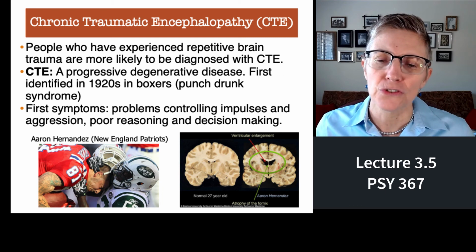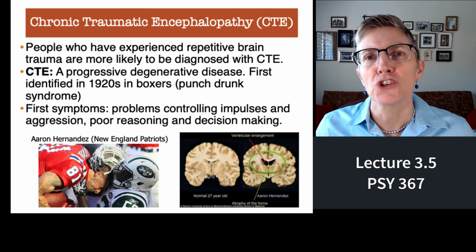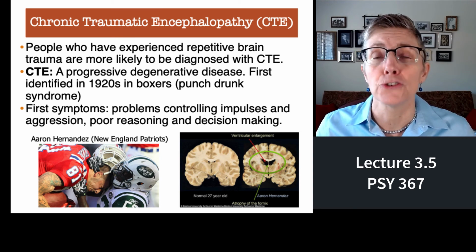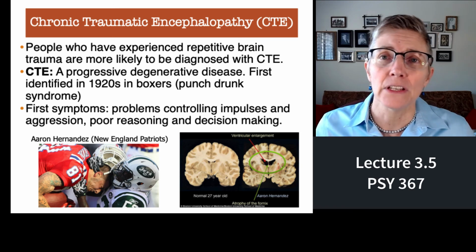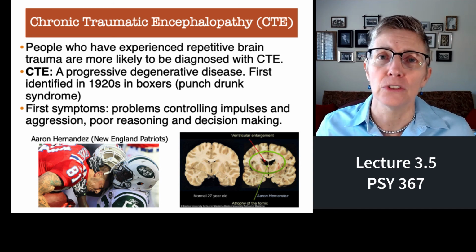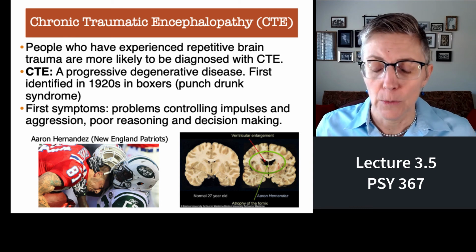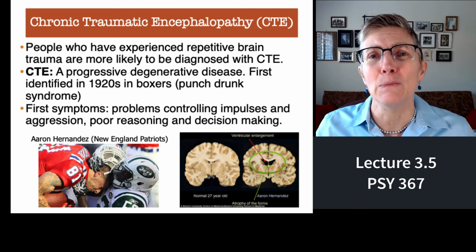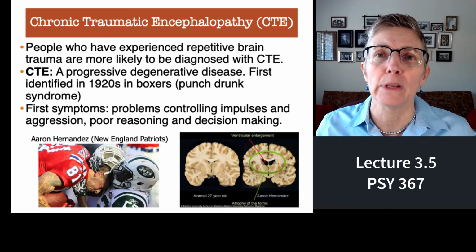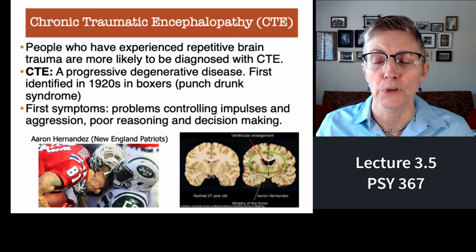When the researchers took a look at his brain, they were shocked by the massive amount of neural loss that there was in Aaron Hernandez's brain. It's hard to know, correlation is not causation, but the traumatic injuries to his brain may have had something to do with why he made such dumb decisions that ended up in the death of other people and his conviction and imprisonment.